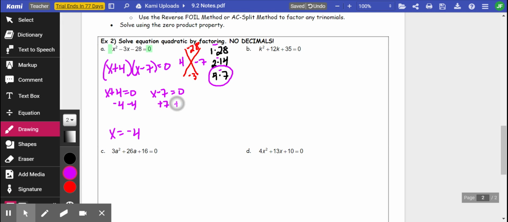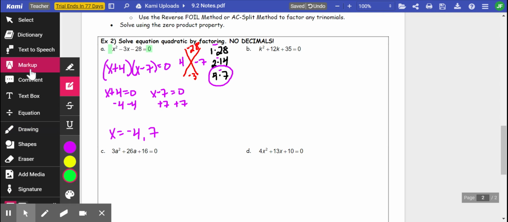And we're going to add 7 to both sides to get positive 7. Now to check this, you could type those back into your calculator and plug them into this and make sure you get 0. So you could do negative 4 squared minus 3 times negative 4 minus 28. If you get 0, you're good. Same thing with the 7, and you're good. Okay, next problem. Again, first step, make sure we have an equal 0 here, which we do, so we're good.